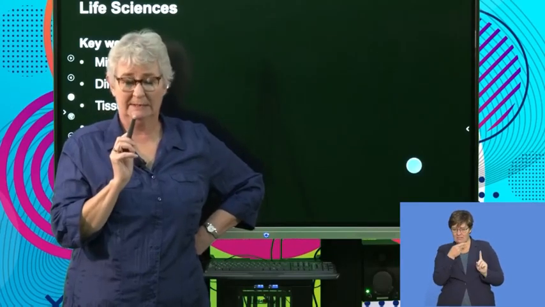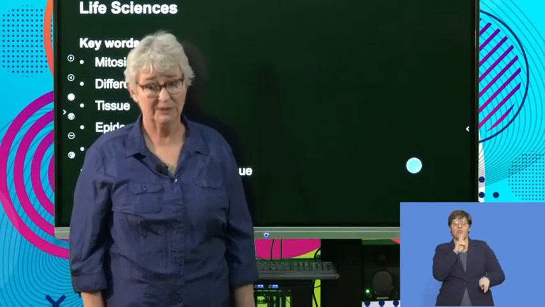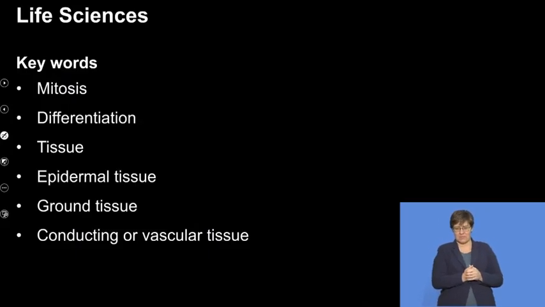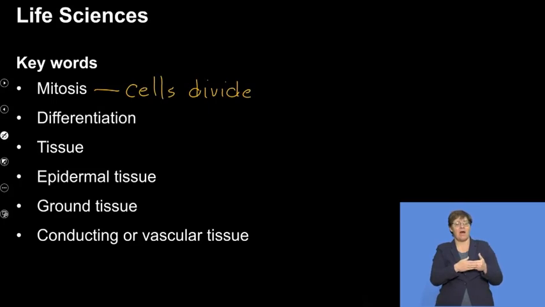To be able to understand what's going on, we need to understand the concepts that you have already done in class. I'm just going to revise them for you. You've learnt about mitosis, which is when cells divide to form many cells. You can think of those cells as little baby cells.